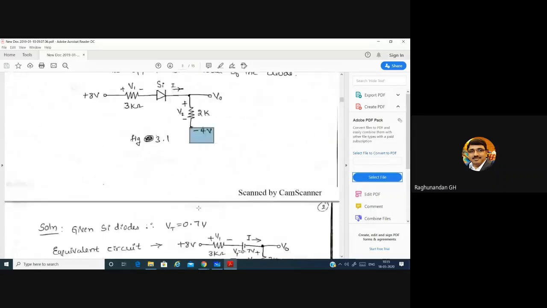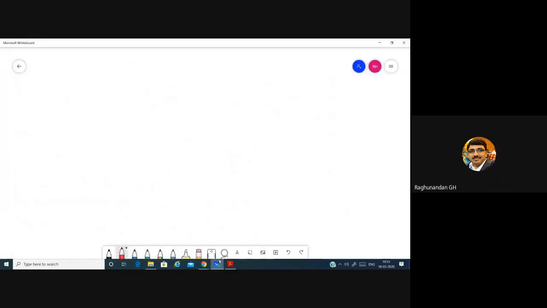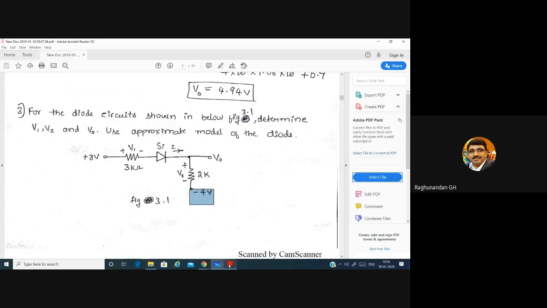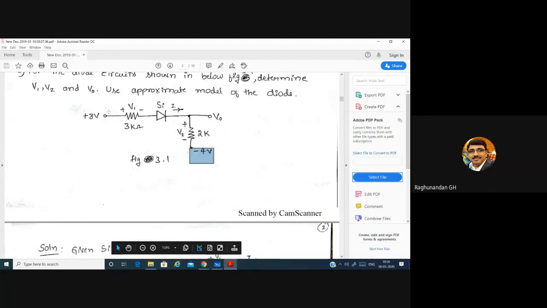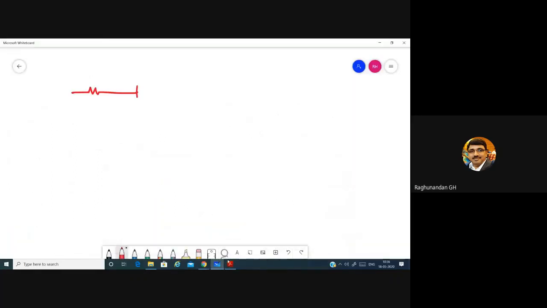yeah. So how to write this circuit is, there is a resistor, diode, diode, resistor, that is minus 4.